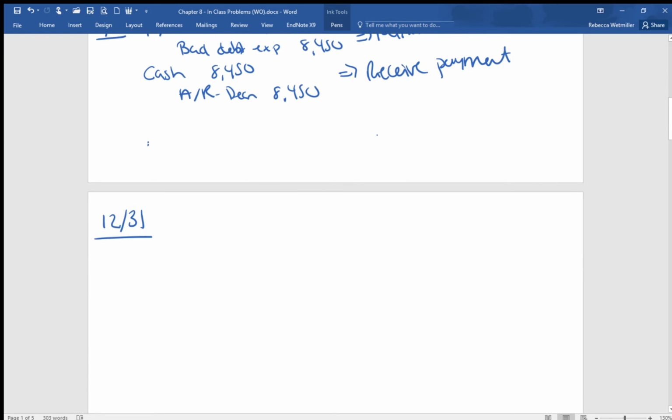So we're still going to write off all our accounts receivable. We have to do each of them as its own line item because our accounts are kept separate.